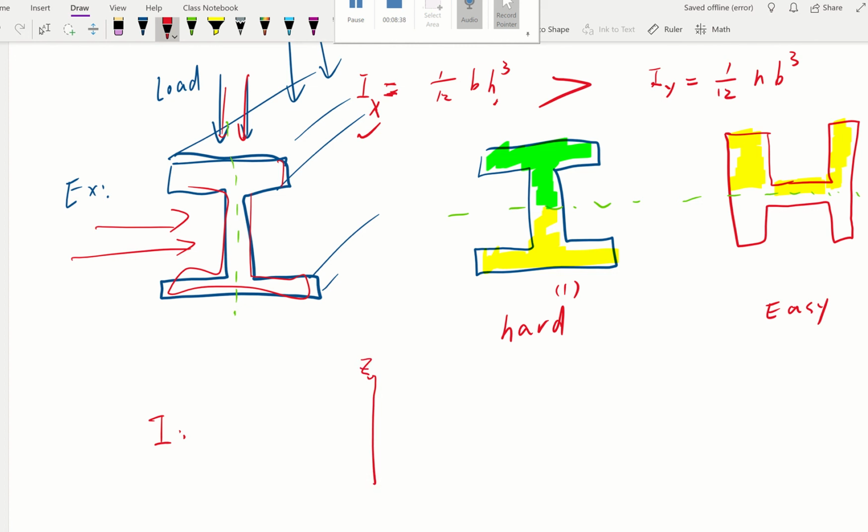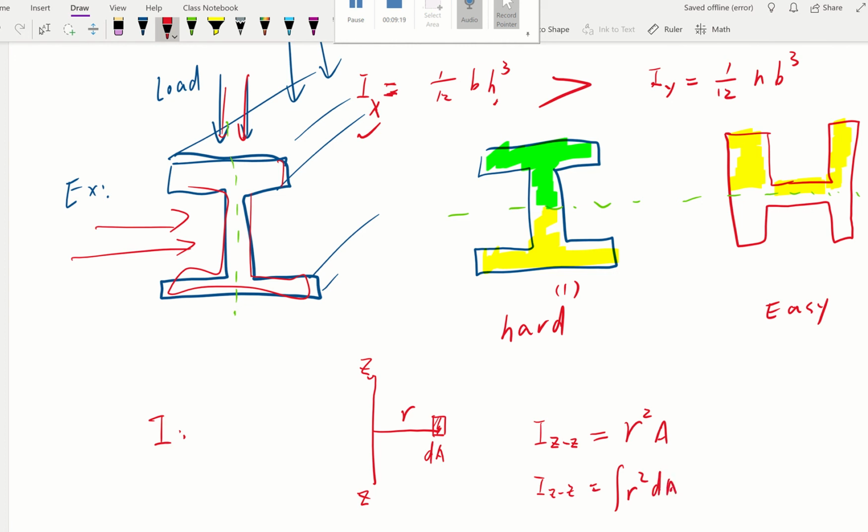If this is going to be the ZZ axis where this is bending about, and this is going to be a little area, and the distance here is R, then they defined this I rotating about or bending around the ZZ axis to be equal to R squared A. And if you consider this is dA, then this IZZ, you can integrate, it's going to be R squared dA.